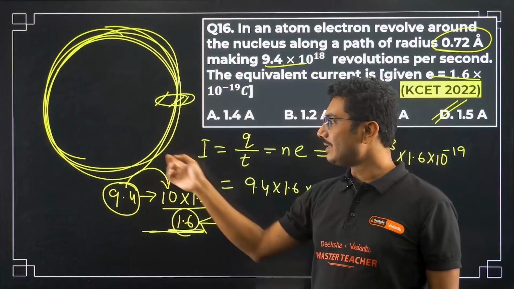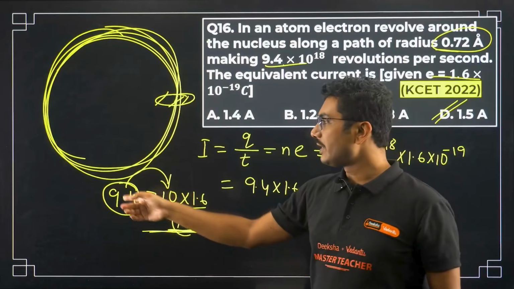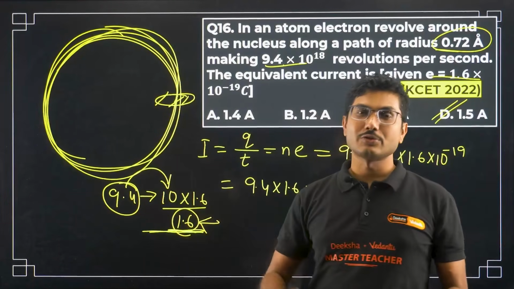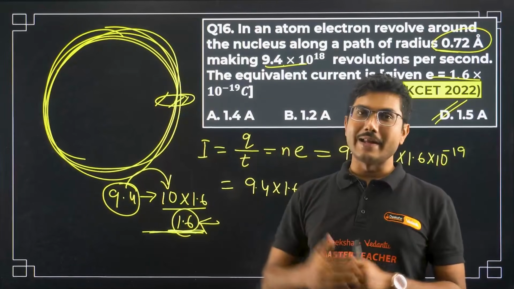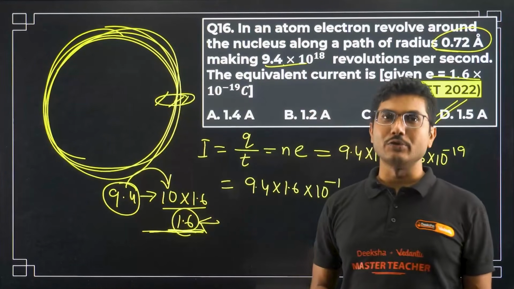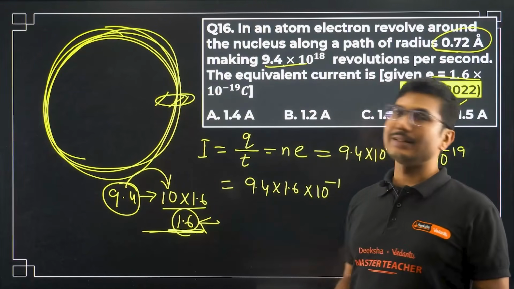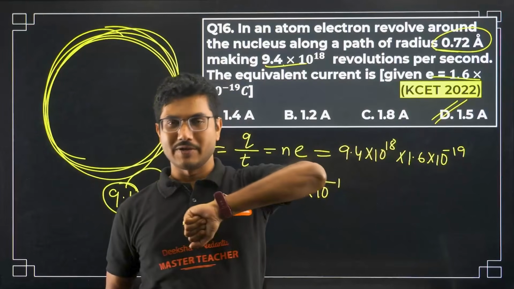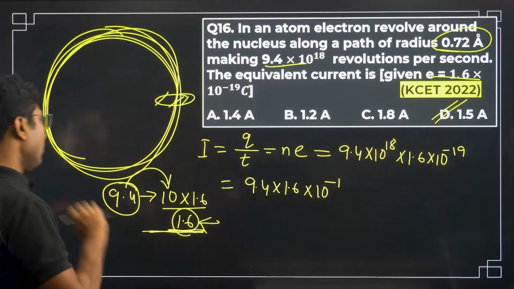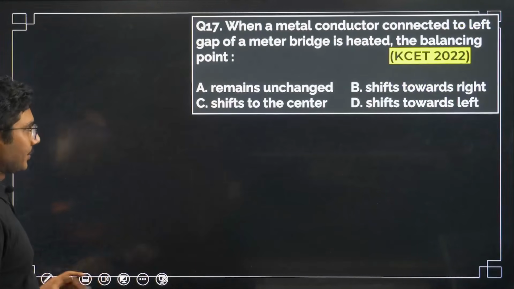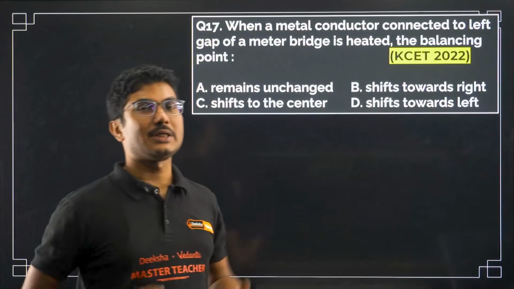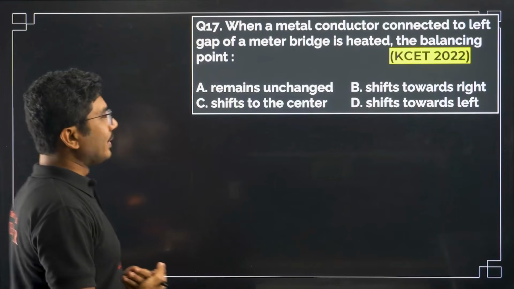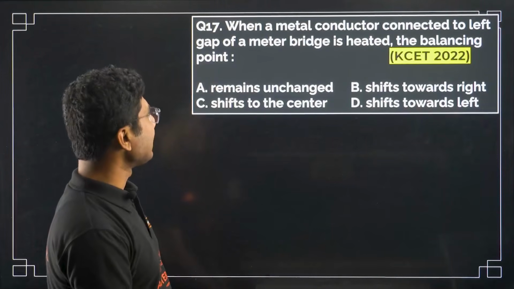If you increase the number, then the result you are getting is also increased. So the actual calculated value should be less than 1.6. Which number is less than this number? 1.5. This is also a way to approximate. These are the small approximation methods that you have to develop over the next 6, 7, 8 months. When a metal conductor is connected to the left gap of a meter bridge.